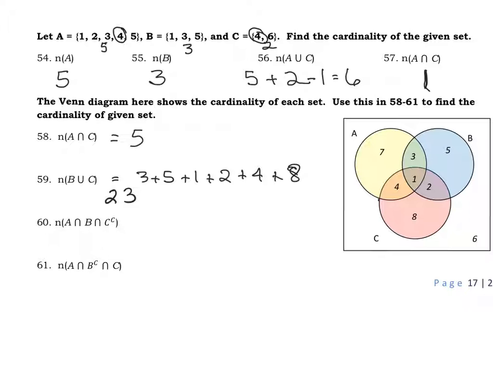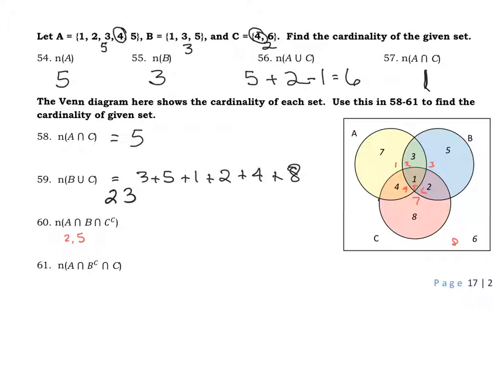Okay. And then on 60, we need the cardinality of the intersection of A and B, and then the complement of C. Well, I'm going to go ahead and number my regions so I know what I'm talking about. So 1, 2, 3, 4, 5, 6, 7, and 8. So the intersection of A and B would be regions 2 and 5.